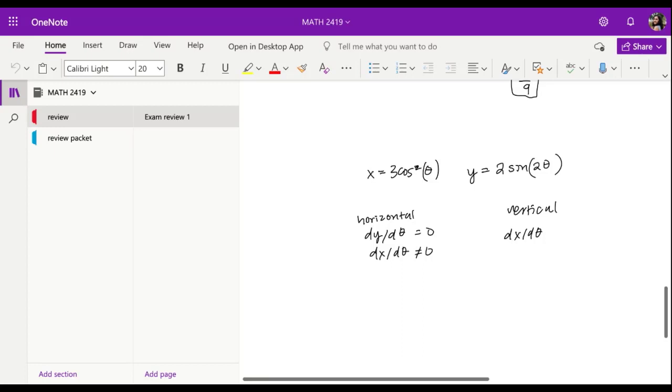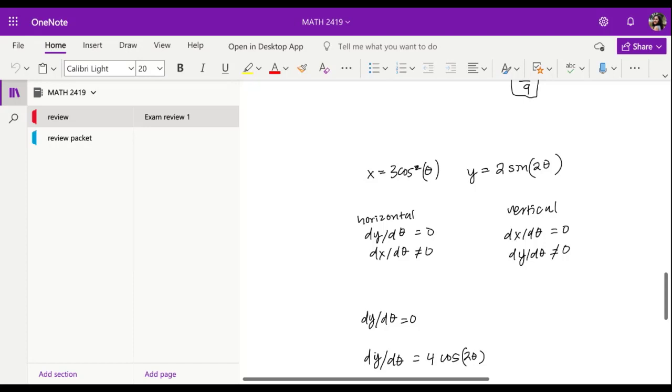So to do that, first we want to see where dy/dθ is equal to 0. First we need to find dy/dθ, and to do that, we can take the derivative of y with respect to θ. And so we would get 4 times cosine 2θ.